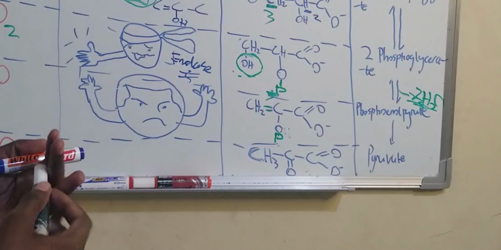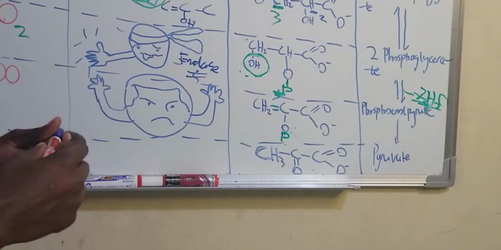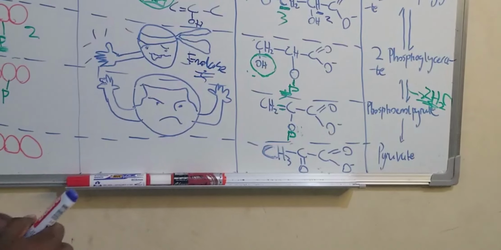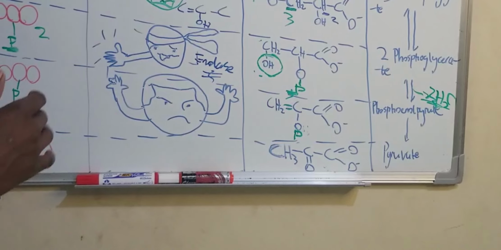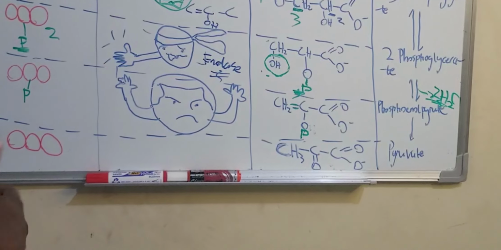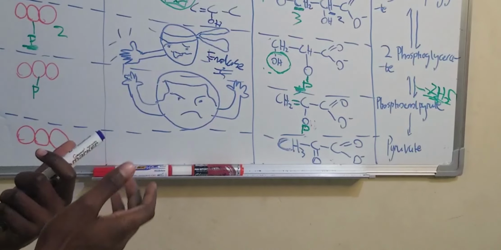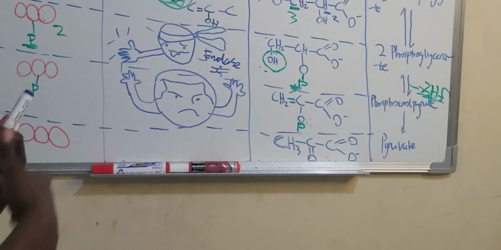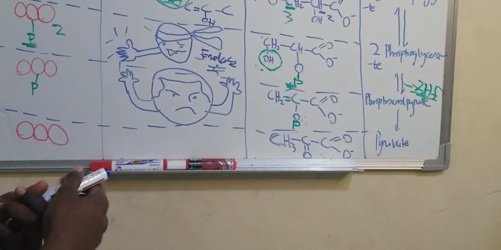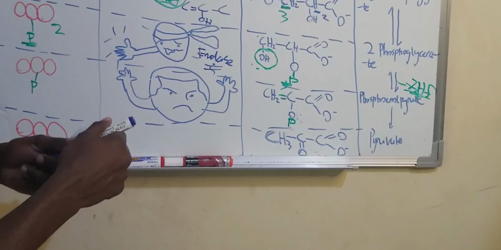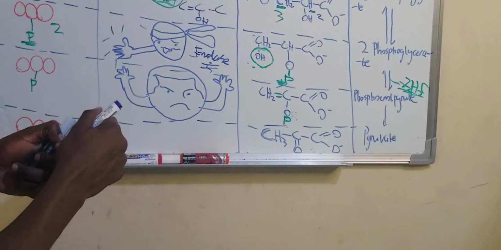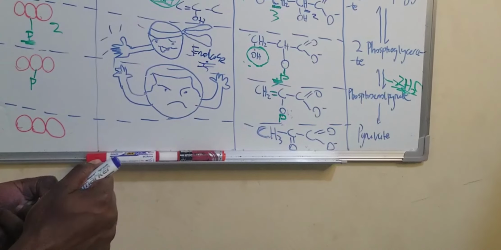And now the last reaction in the pay-off phase will be catalyzed by the enzyme known as pyruvate kinase. What pyruvate kinase does is almost the same thing as what happened in the formation of the 3-phosphoglycerate.